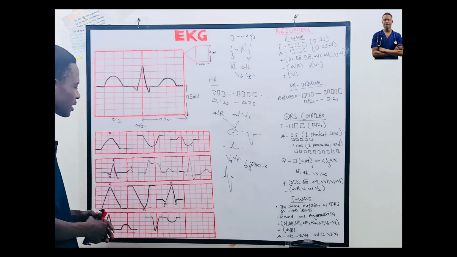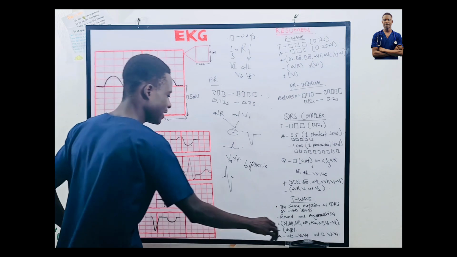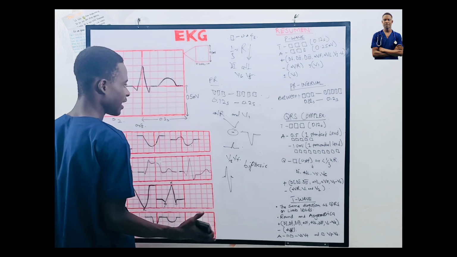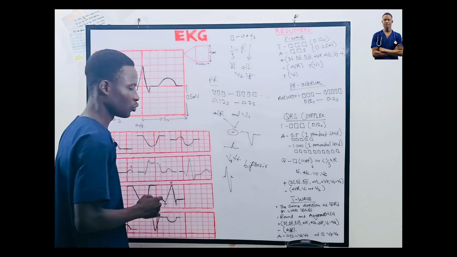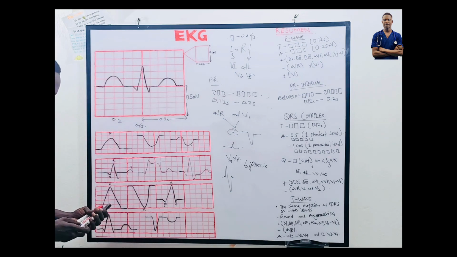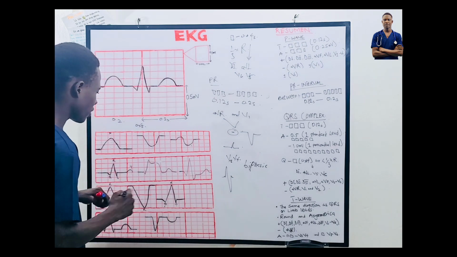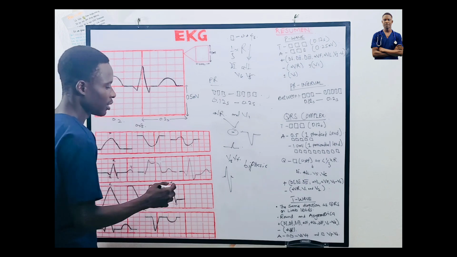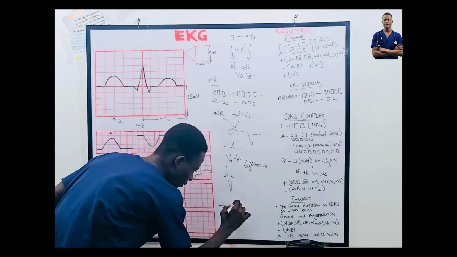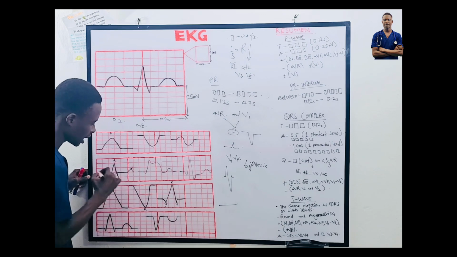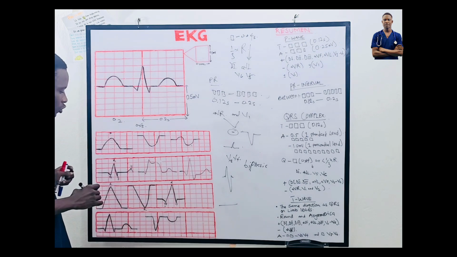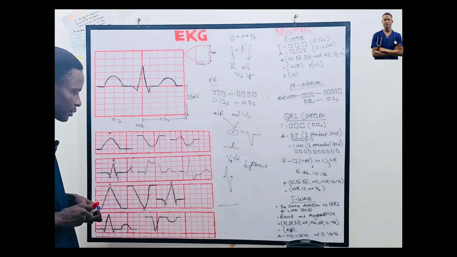Now, let's look at the ST segment. It is also an important thing to know. The ST segment is an isoelectric line. This is what our ST segment is, an isoelectric line.